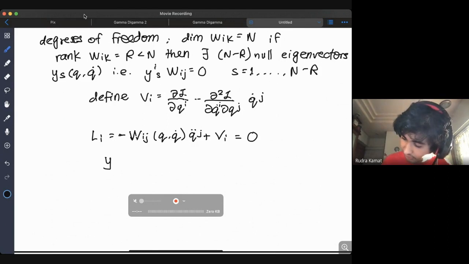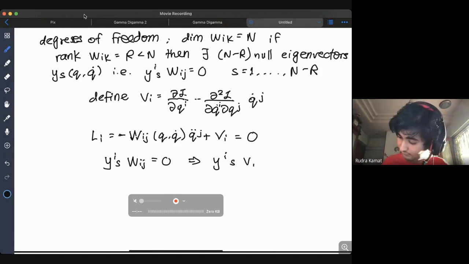And since we have null eigenvectors, this equals 0 just implies that y_s^i V_i is also 0.